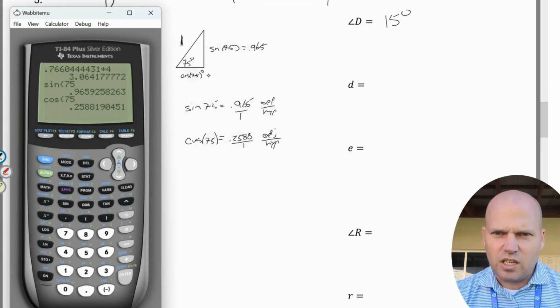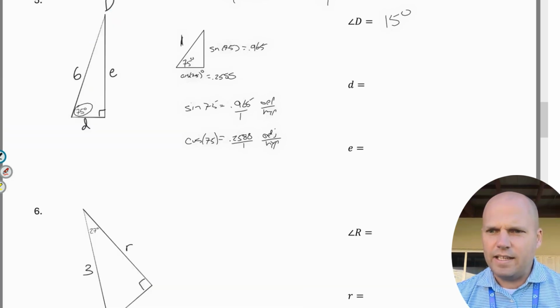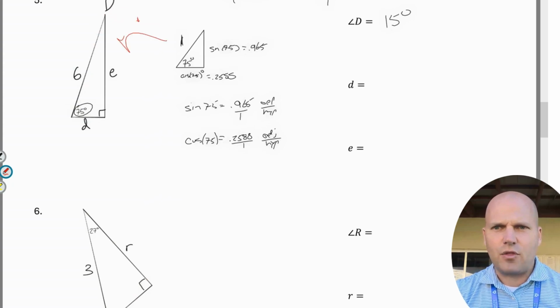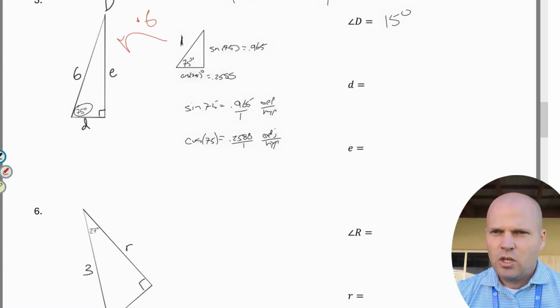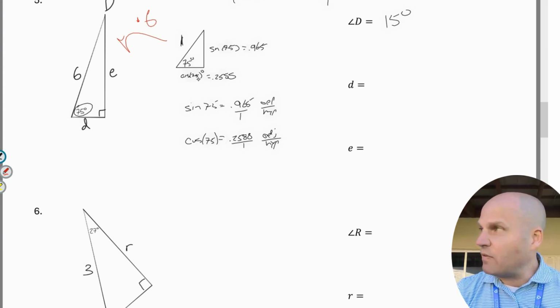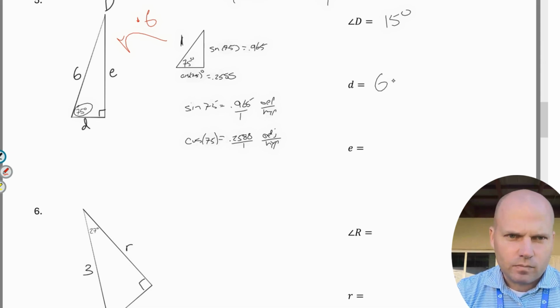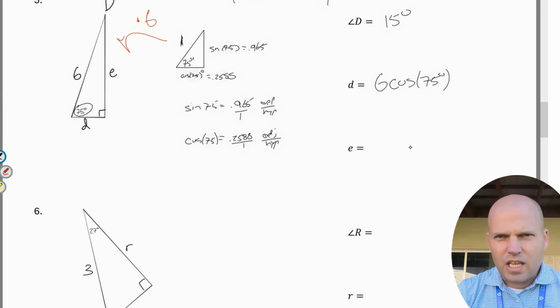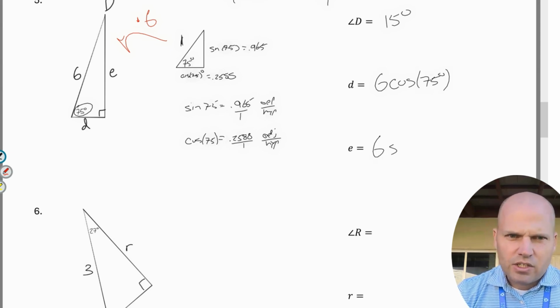So the adjacent is 0.2588 over 1. We can then take this triangle and scale things by multiplying by 6, which means D would be cosine of 75 times 6. E would be sine of 75 times 6.